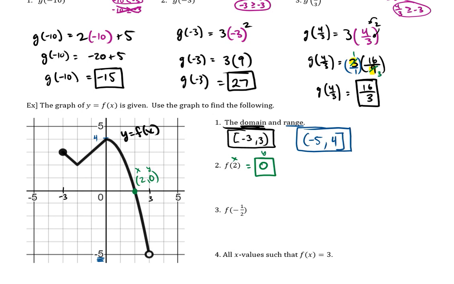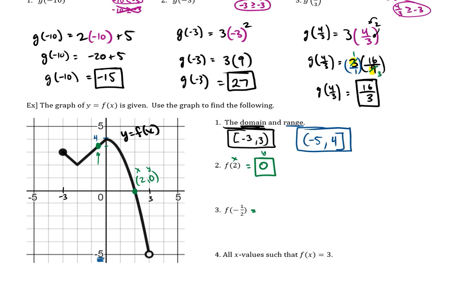Okay, and let's find this next one. Number 3, let's keep it in green. I want to find where I have negative 1/2. It looks like I'm going to have to eyeball a little bit. Here's negative 1, so negative 1/2, I'm going to say, is about there. Based on the slope of this little line segment, we can make a pretty good guess.